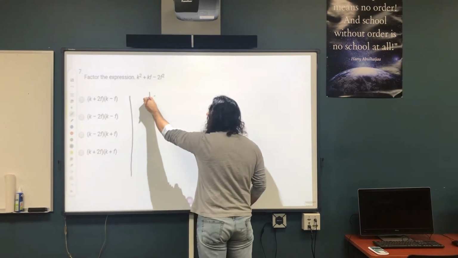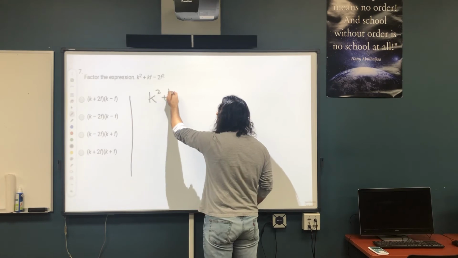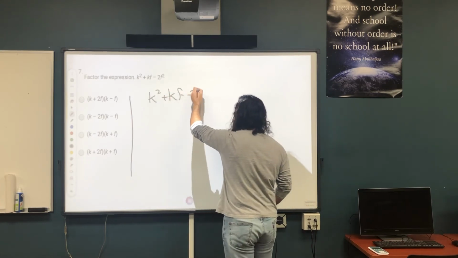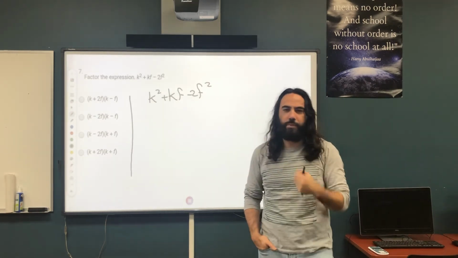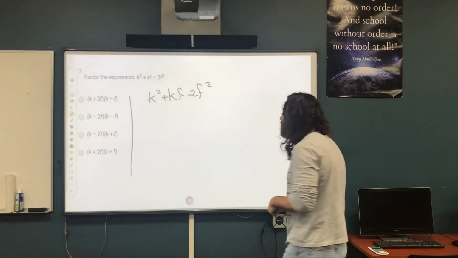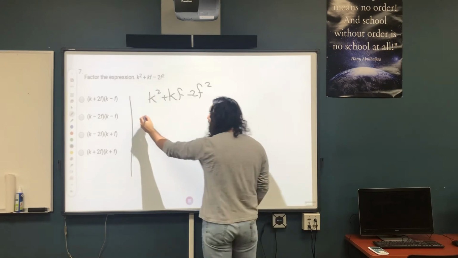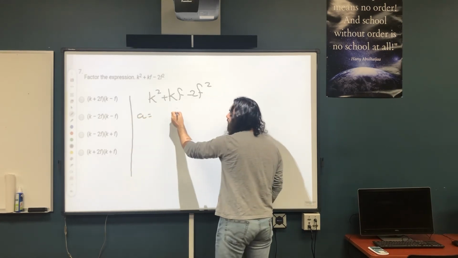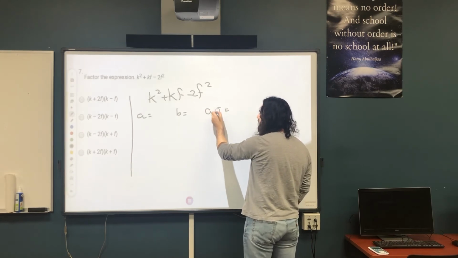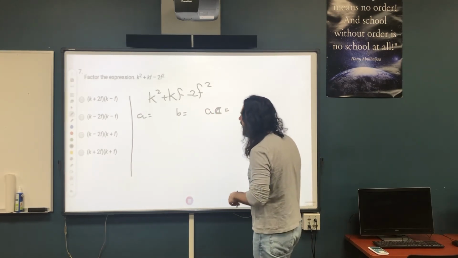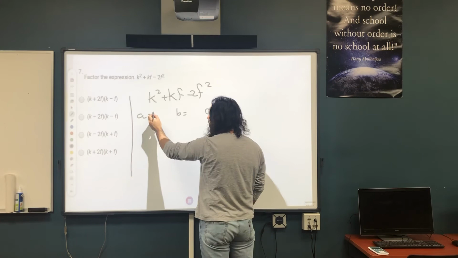So for example, if you have k squared plus kf minus 2f squared. Remember, it always repeats the same steps. The first step, you need to find the value of a, the value of b, and the value of a times c. A, the coefficient of k squared, is 1.